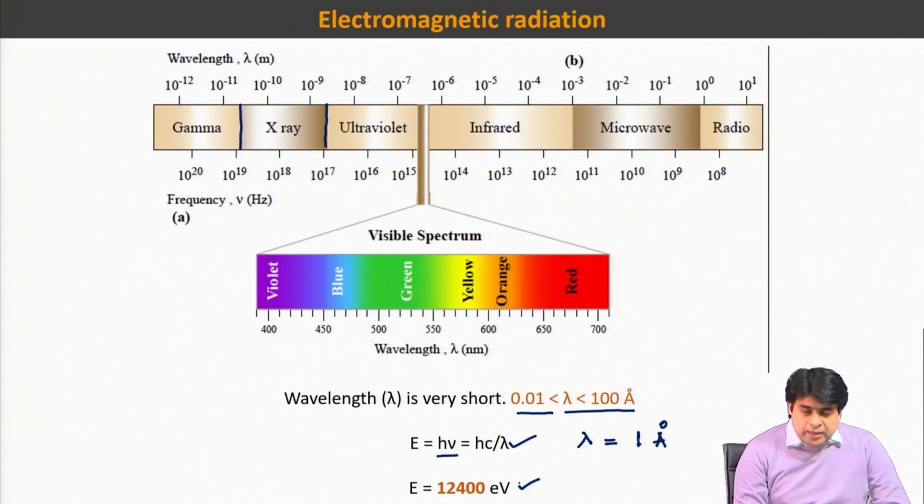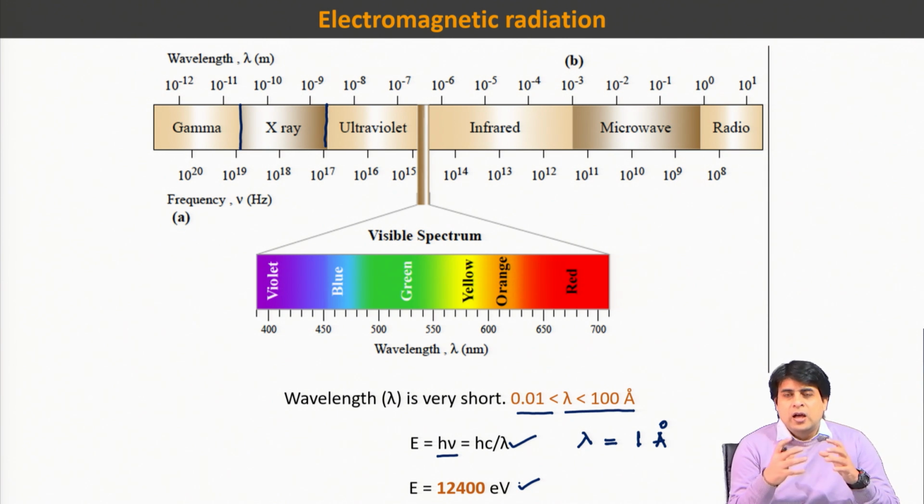So, the X-ray which has a wavelength of 1 angstrom has an energy of 12,400 electron volt. Compare this with the ionization energy of any element. Ionization energy is the energy which holds the outer shell electron to the nucleus.